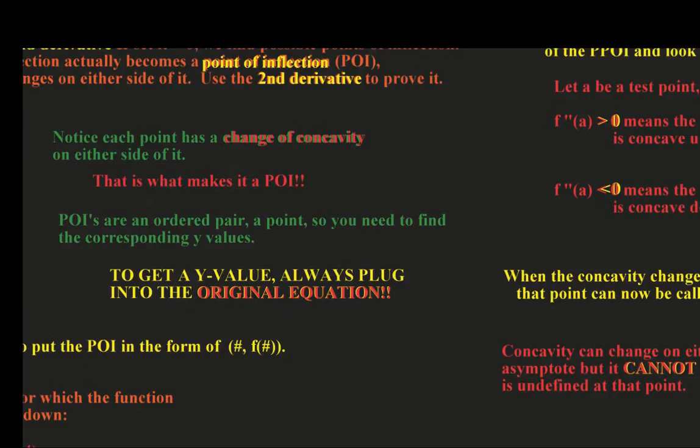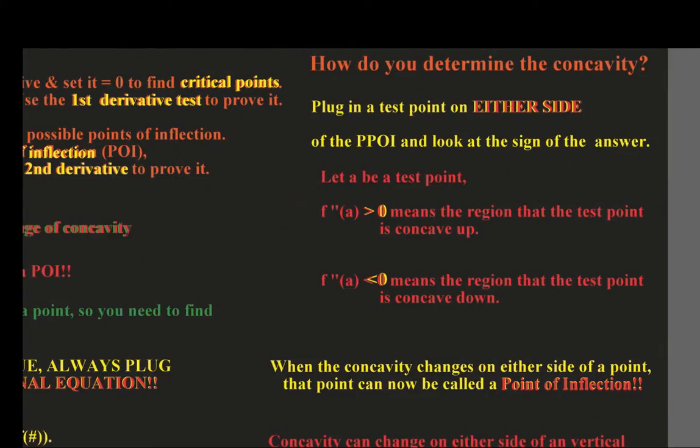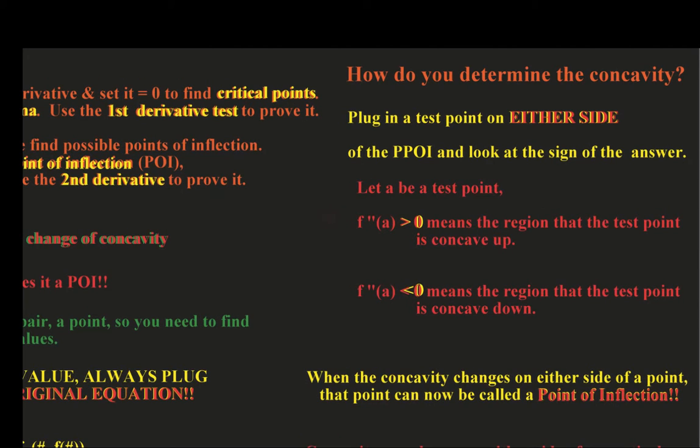So what if you don't have a picture of the function? How do you approach it? How do you determine concavity? Well, we plug in a test point on either side, just like I just said, of the point of inflection. If I were you, I would draw a number line. I would have my point of inflection or multiple points of inflection.